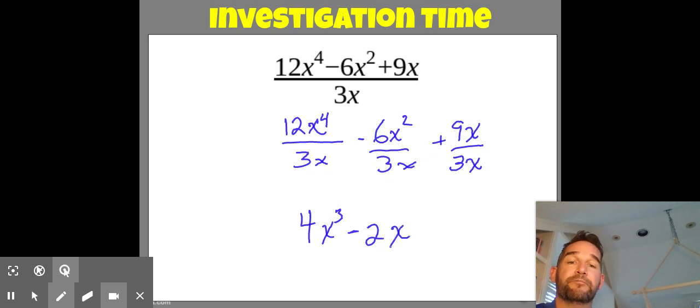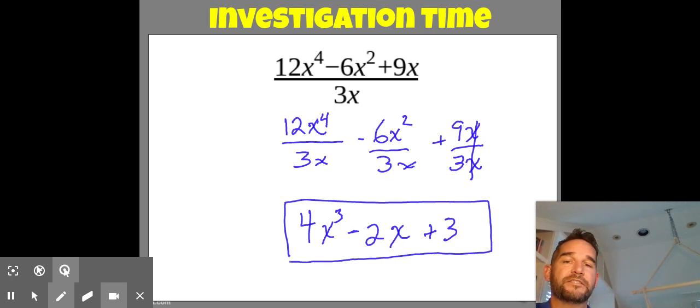I'm not even going to put a 1 there. Don't have to. And then if you look here, we have 9 divided by 3 is 3. And x divided by x, well, those would cancel, and we won't end up with an x in that final term. So 4x to the third minus 2x plus 3, my final answer.